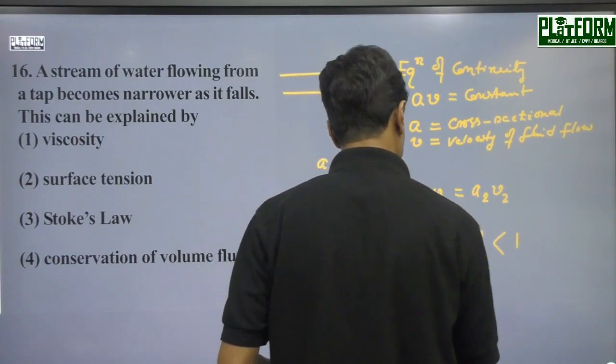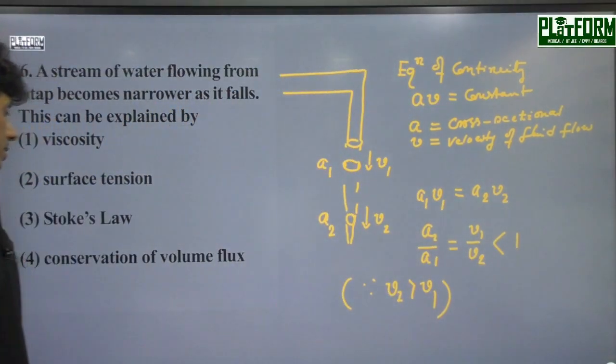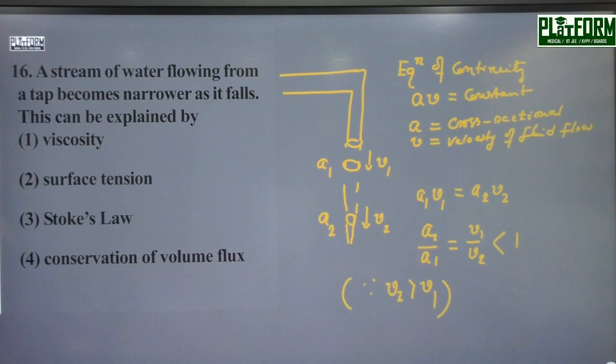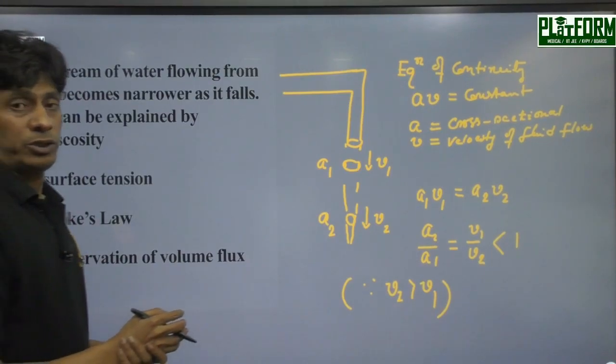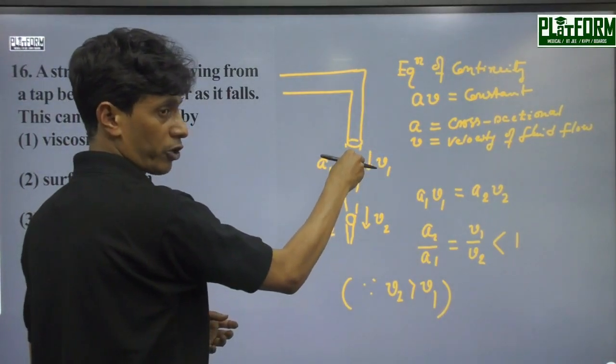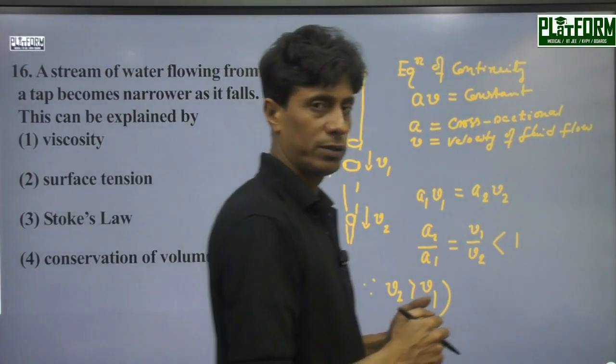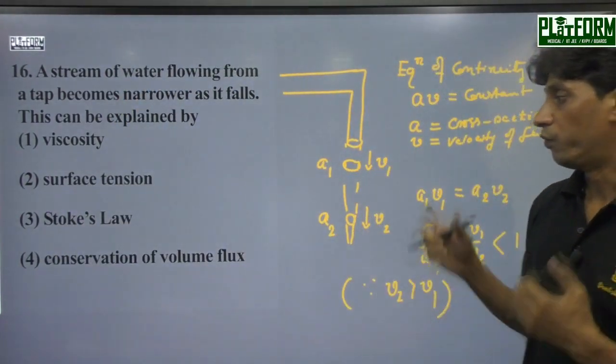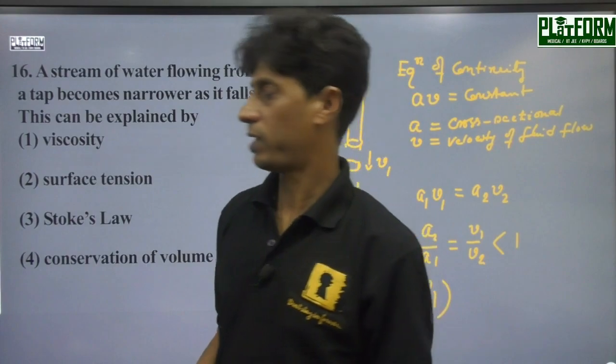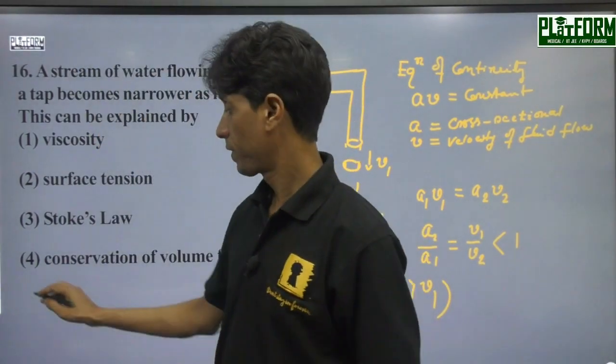Simple. This is known as conservation of volume flux. The volume of liquid flowing through this orifice and through that orifice per second are equal. Okay, the next problem.